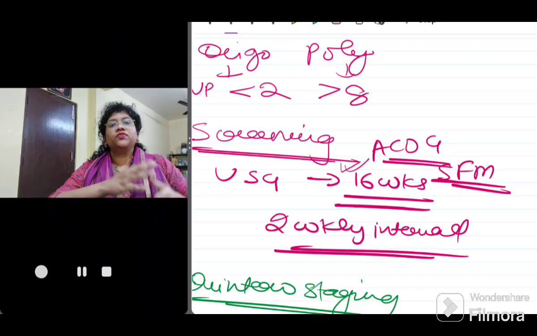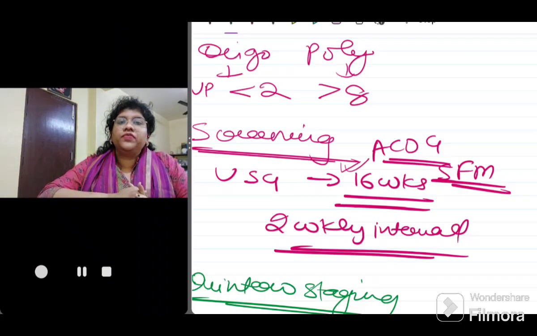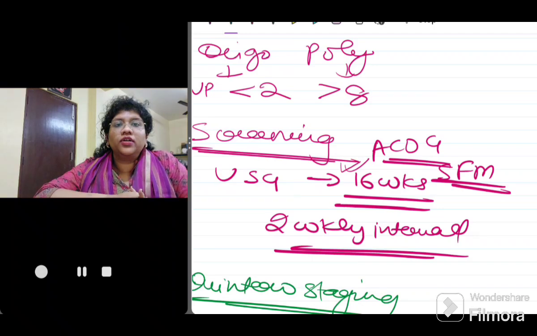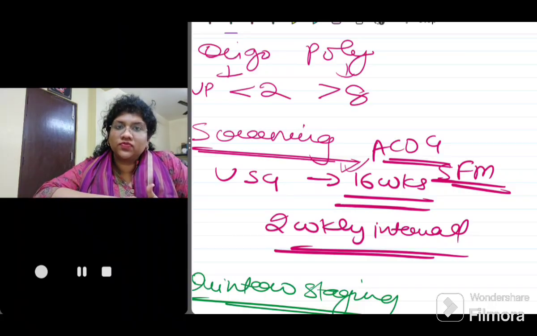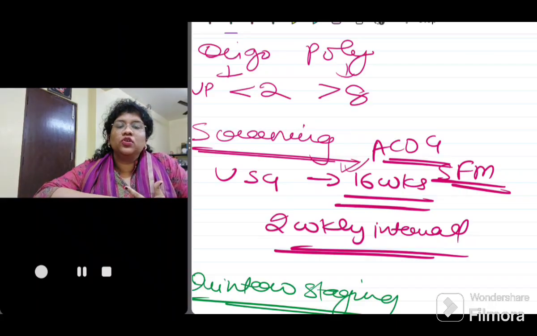So they say that from 16 weeks onwards, every 2 weeks, you have to do ultrasound to check for twin-to-twin transfusion in every MCDA twin. Remember that when you are doing this ultrasound, you have to look not just for the fetal biometry, but also look for the AFI, that is the amniotic fluid status.